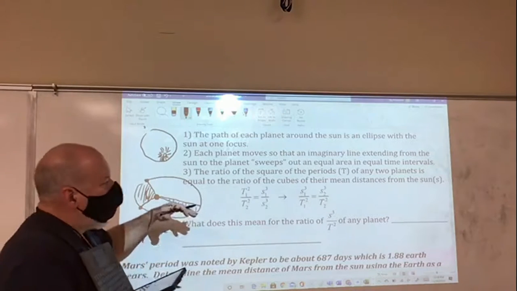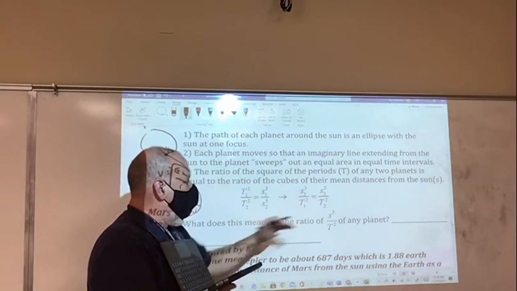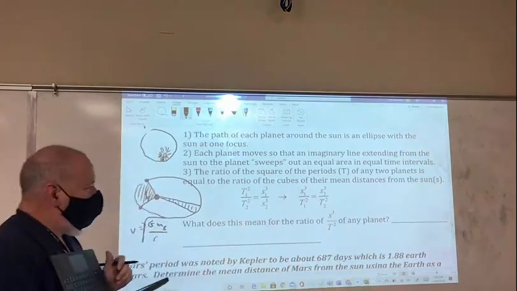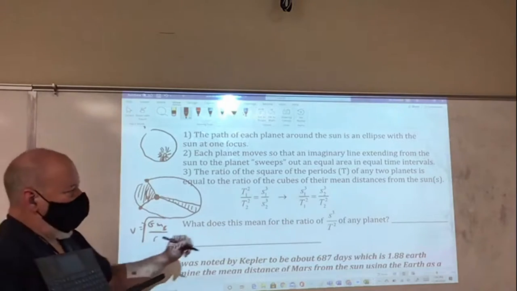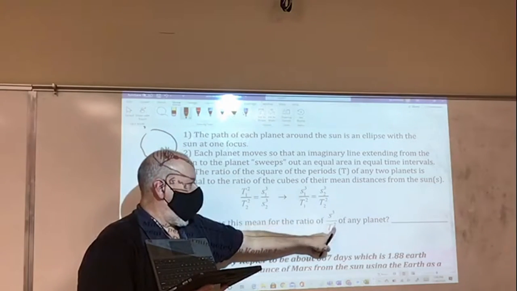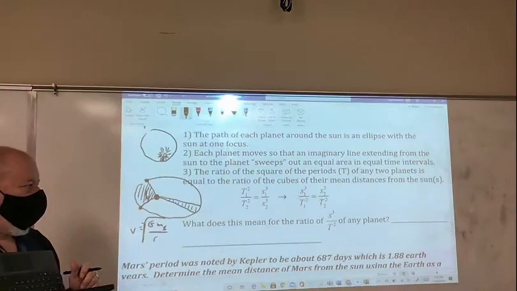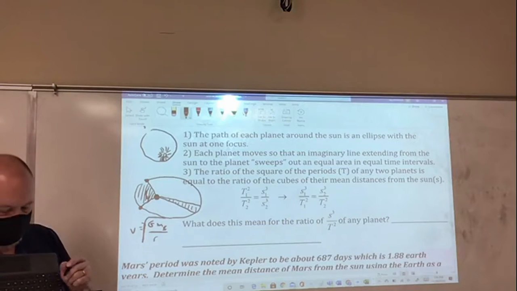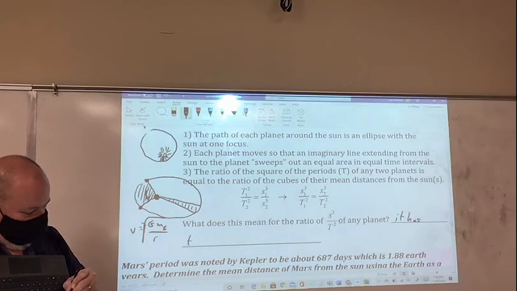Okay, and this is mind-boggling, not only because it's a difficult concept in general, but it's mind-boggling. What does it mean for this ratio of any planet, the ratio of its distance to the sun versus its orbital period? What does that mean for any planet? Has to be what?